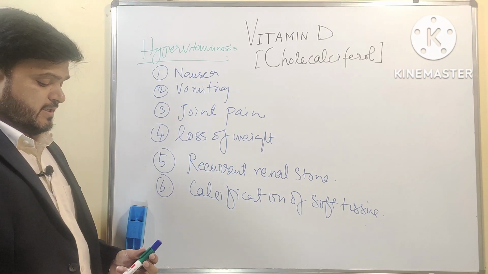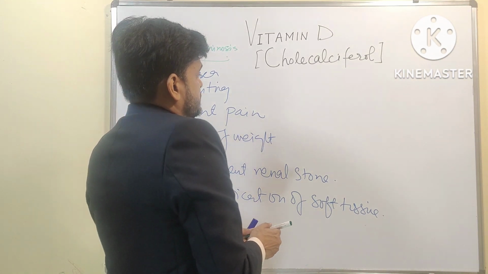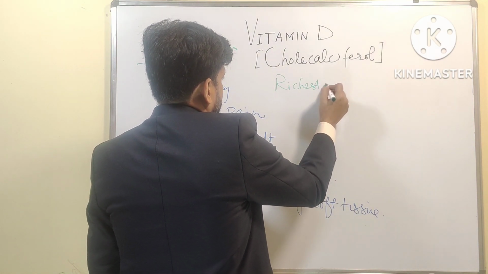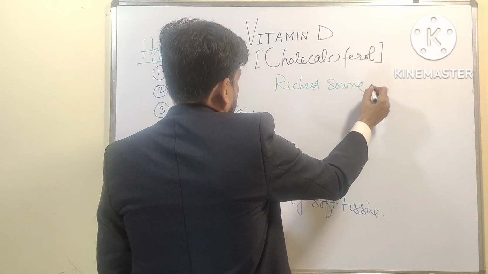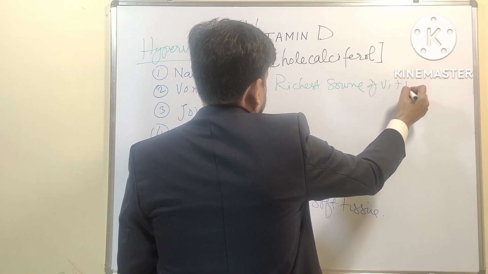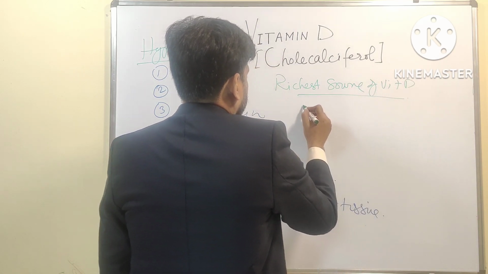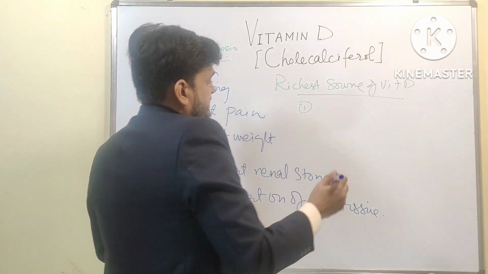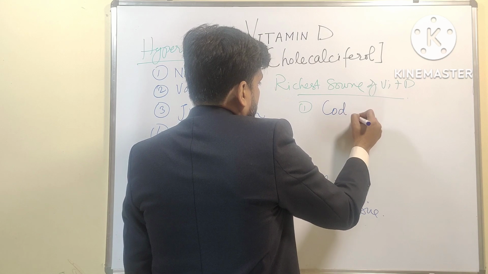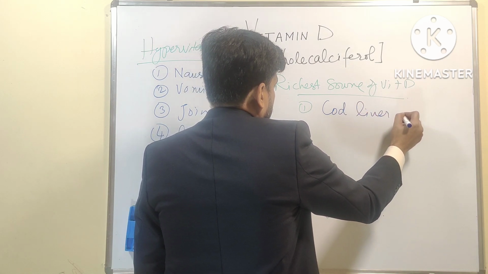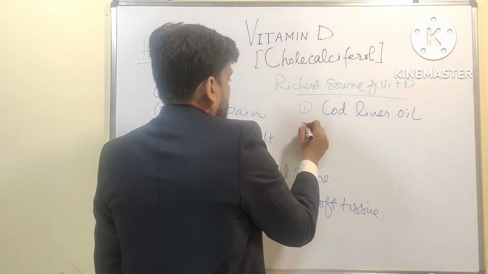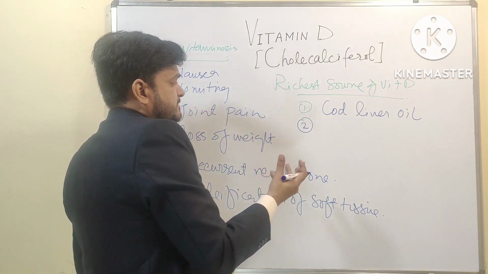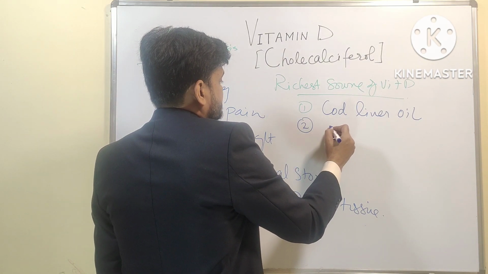Now we move on to the richest source of vitamin D. The richest source of vitamin D is cod liver oil, and it can be very easily synthesized by our skin.